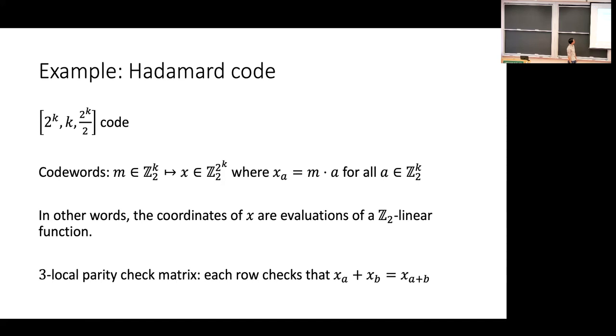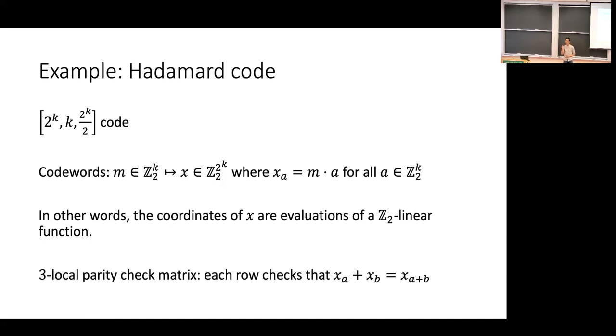And it has great distance, distance 2^k over 2. If you take any 2 codewords, they're going to disagree in exactly half of their coordinates, which is the best possible. There's a nice parity check matrix for this.